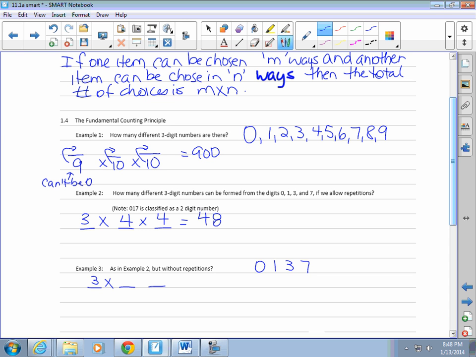So then let's assume that I used 1. So that means for my second spot then, I have only 3 choices. And I've used, let's say, the 3. So for my third spot, I only have 2 choices. So I have 3 times 3 times 2, which gives me 18. So you can see by putting a condition on there of no repetitions, that reduces my number of possible combinations.